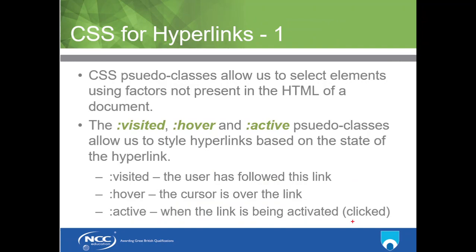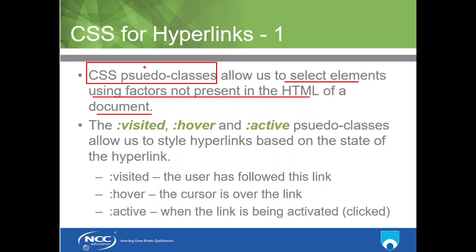Okay, so CSS for hyperlinks. CSS provides a number of pseudo classes. The pseudo classes allow us to select elements using factors not present in the HTML of a document. Such elements include visited, hover, and active. They allow us to style hyperlinks based on the state of the hyperlink.